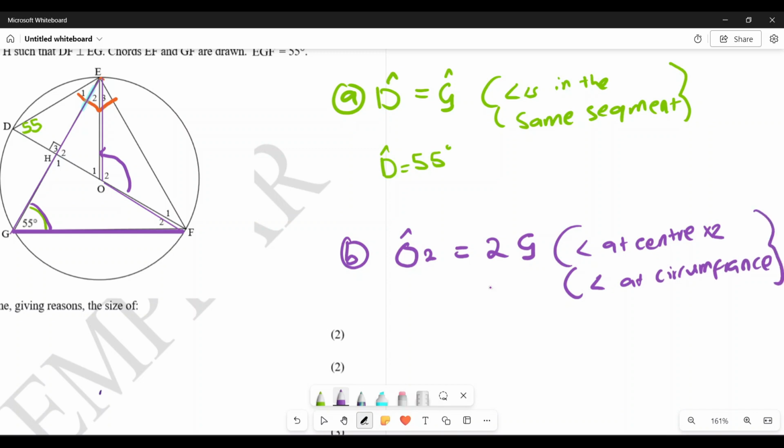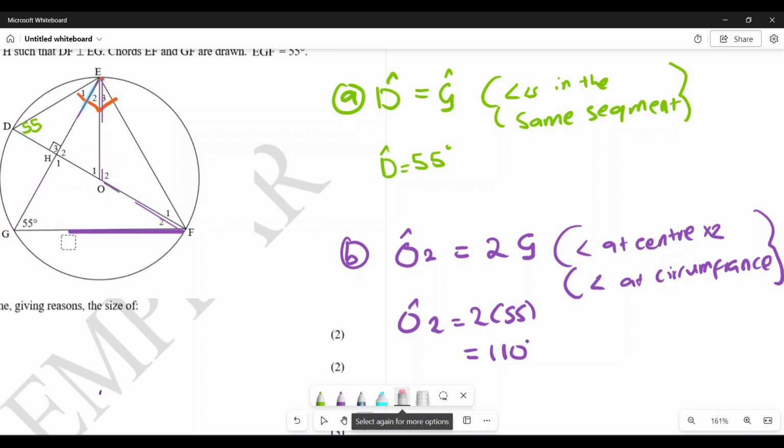As a result, my O2 is going to be equal to 2 multiplied by 55, which is going to be 110 degrees. So let me just make note of that on my sketch. So this is 110 degrees.